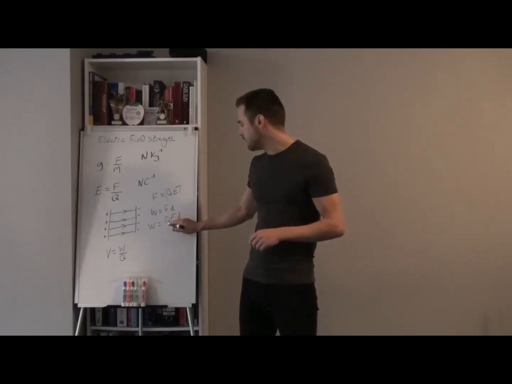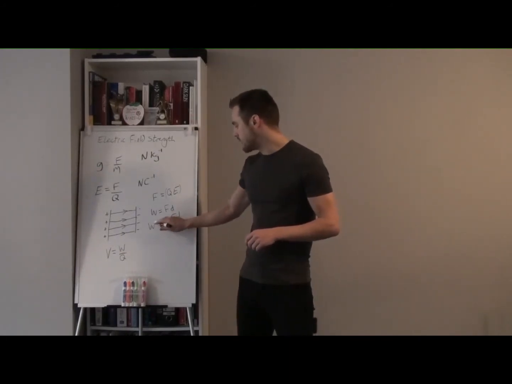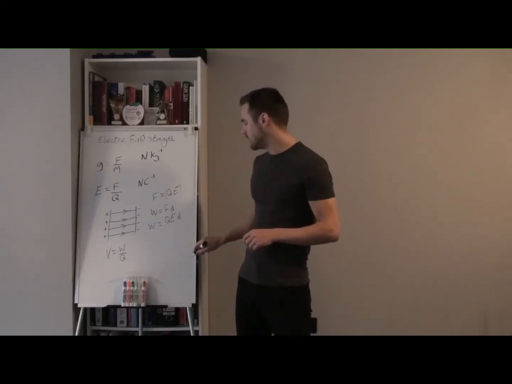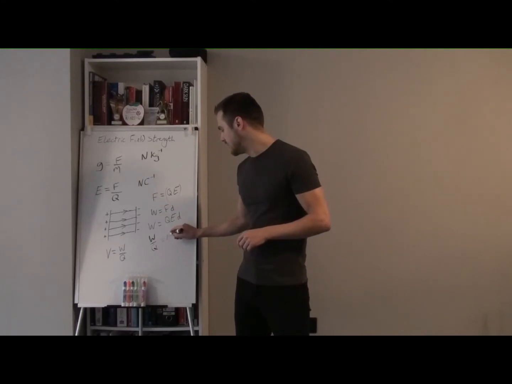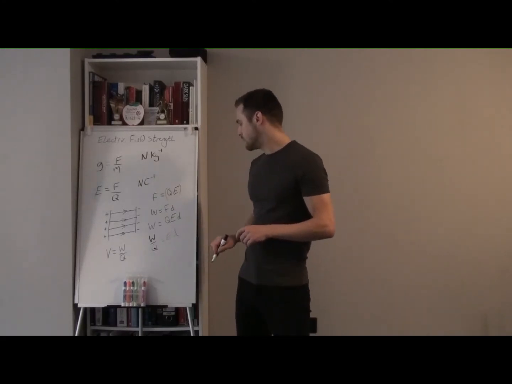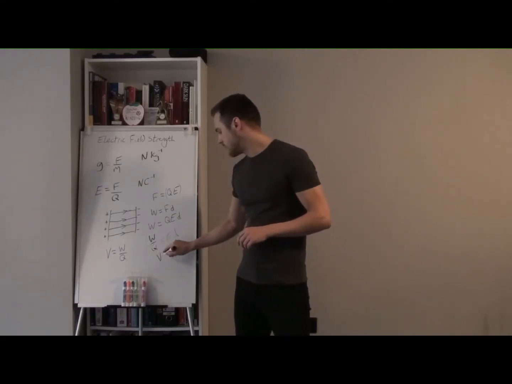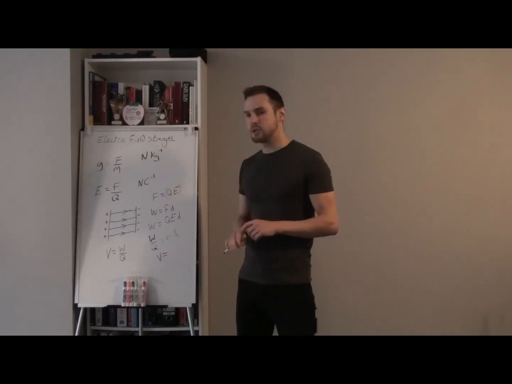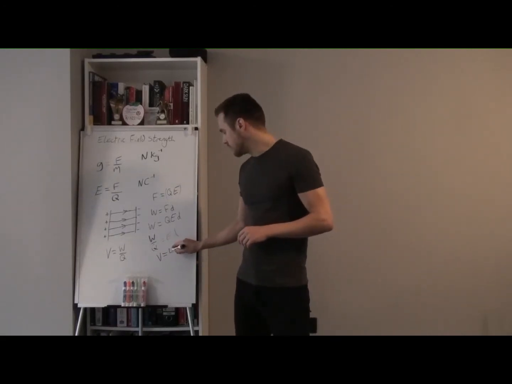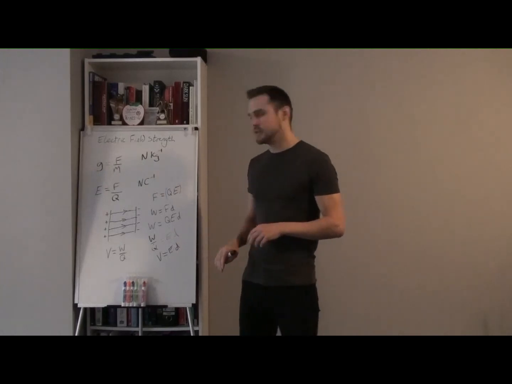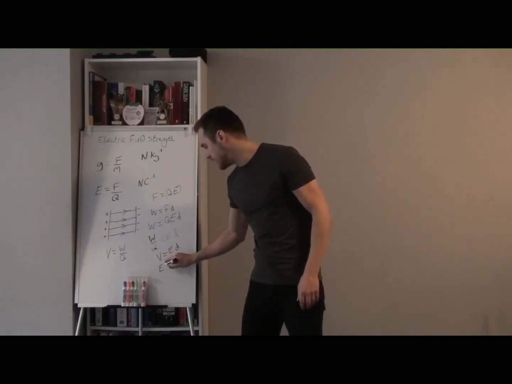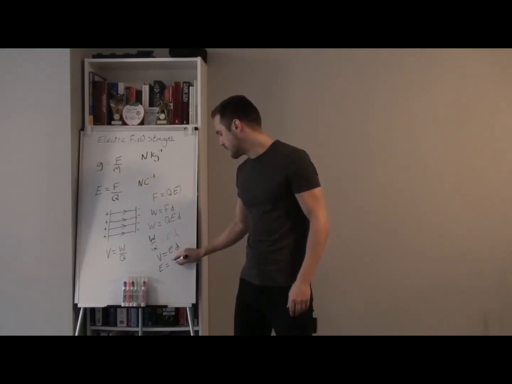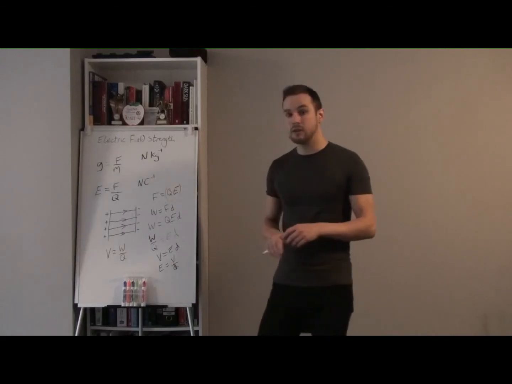If we rearrange to make W over Q the subject, we can see that W over Q is equal to Ed, which means the potential difference between two plates is the electrostatic field strength times the distance. And conversely, we can say that the electrostatic field strength is equal to the potential difference divided by the distance between those two plates.